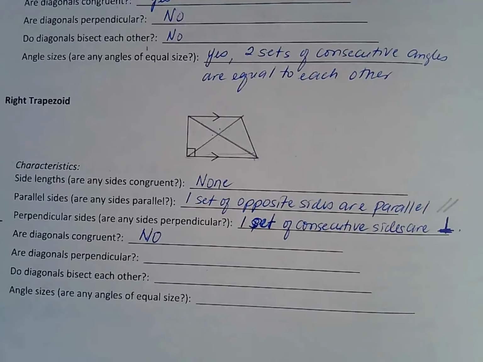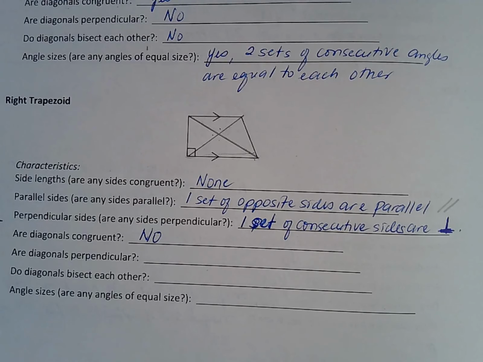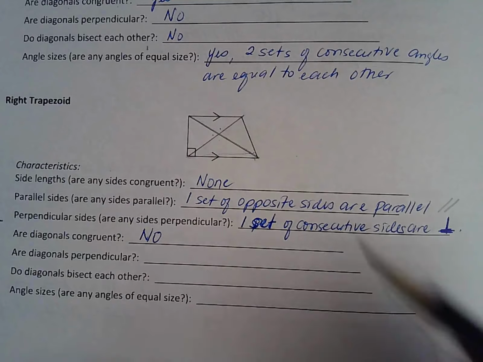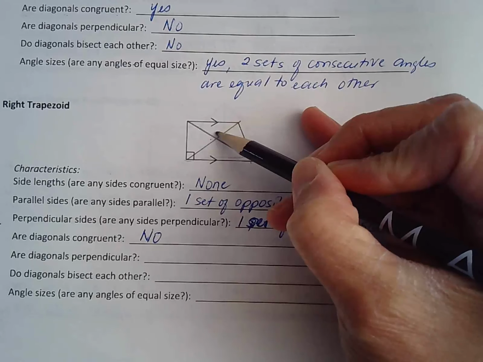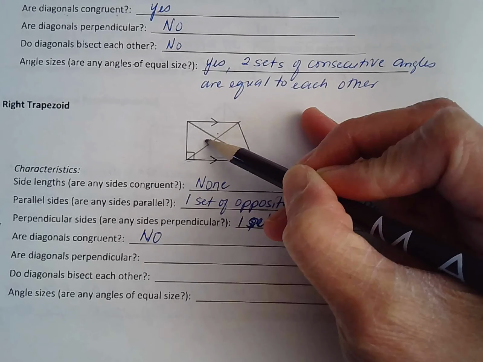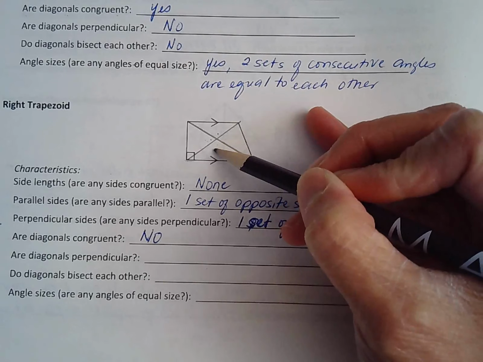Do you see a 90-degree angle in any of them? See, what about the 90 degrees is that if this is 90, then the next one has to be 90. And if this is 90, then the next one has to be 90.